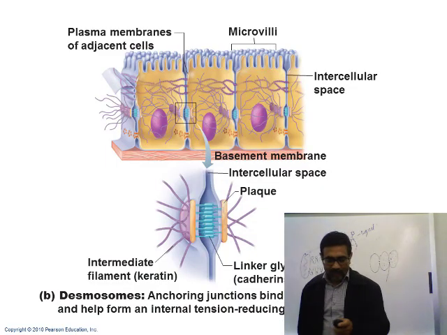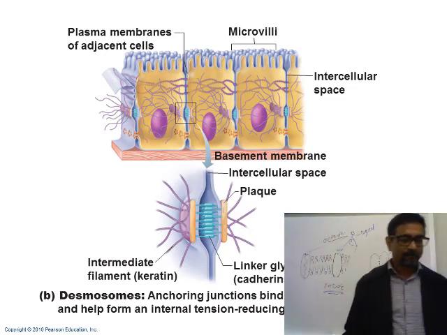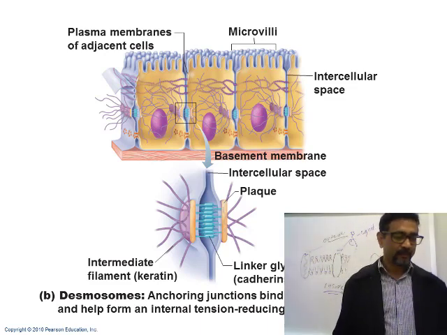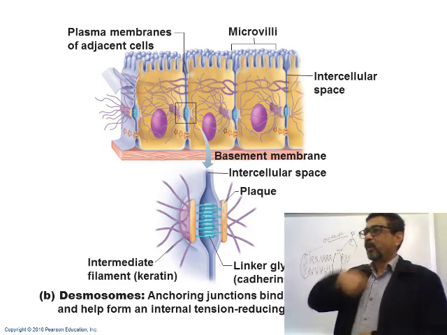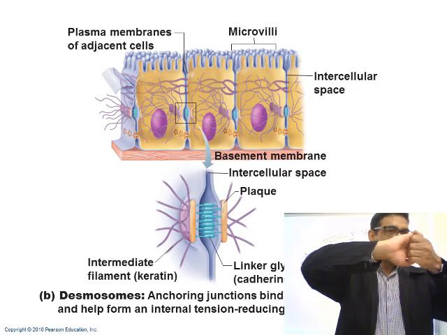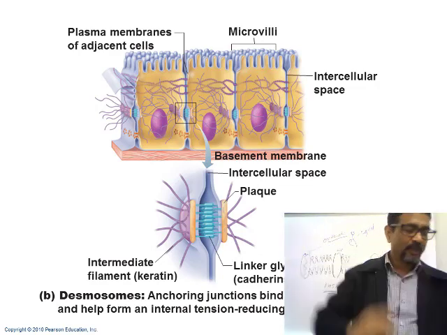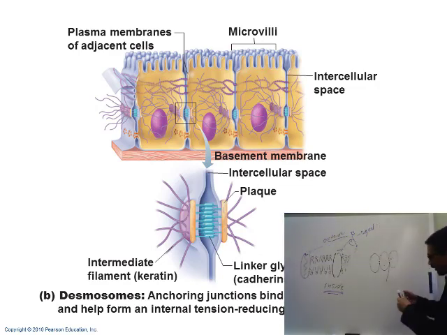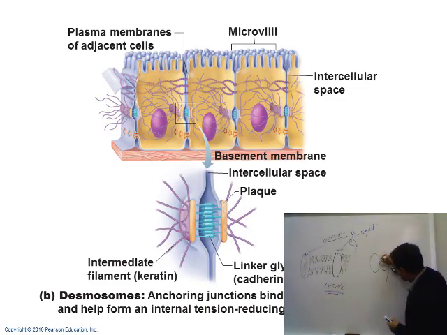Okay, desmosomes. Desmosomes are like the zipper of your cloth. Sometimes you use the zipper very strongly, put the pieces together, right? So if you see the structure of a desmosome, on the inner surface of the adjacent cell membranes, you have discs, and from the discs the protein structures arise and get attached to each other.